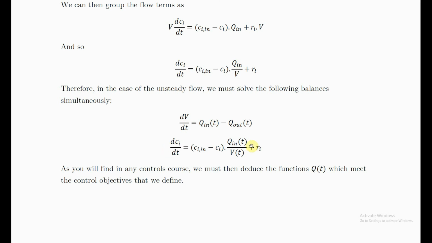In other words, if we know Q in and Q out as time functions, we can solve for this and get V of t. Then we've got Q in of t, which we'll write in terms of concentrations, and so we have everything we need in the set of equations to solve for this reactor.